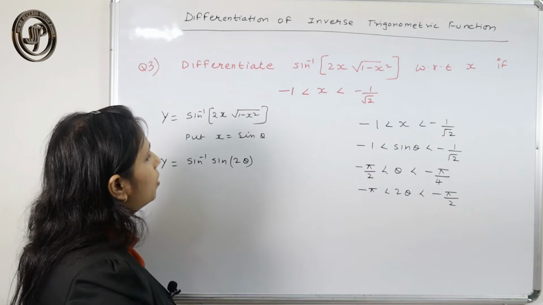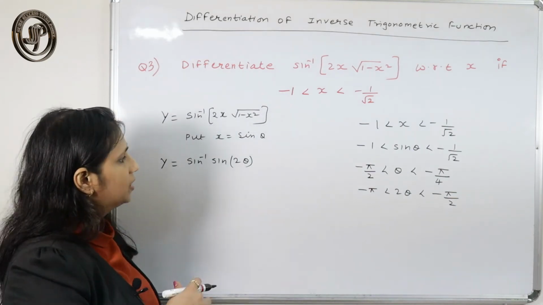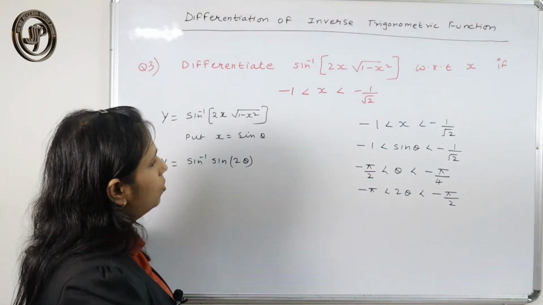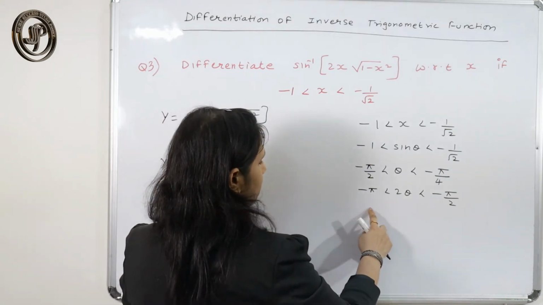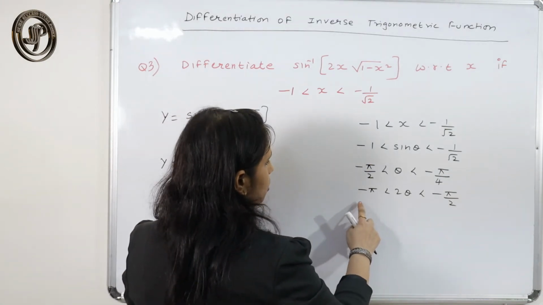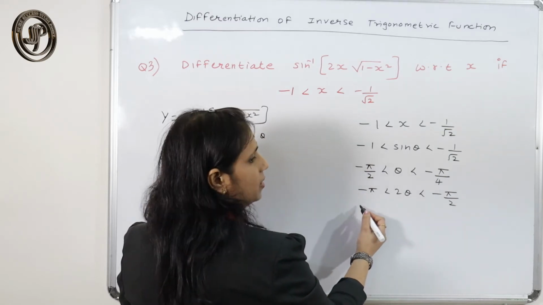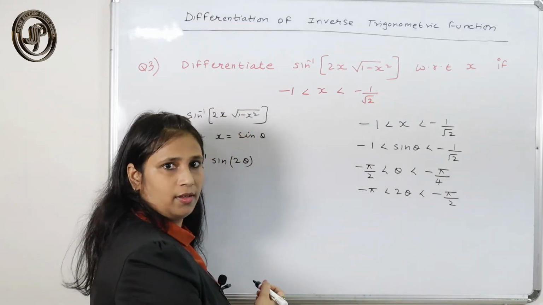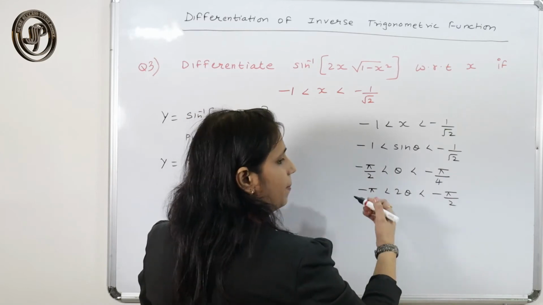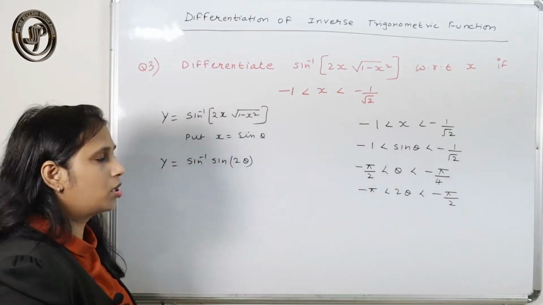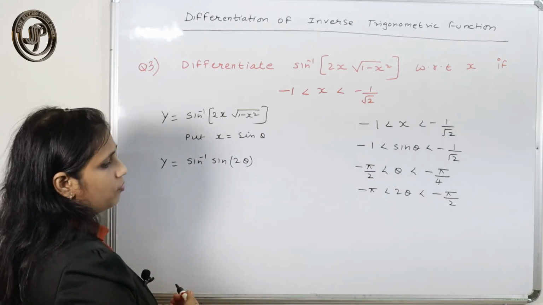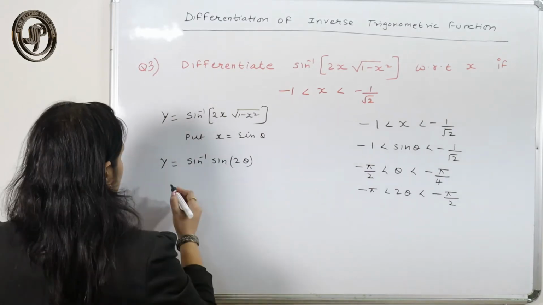But if we replace that, I think that will also not come in our range, because if you apply pi minus with each term, this becomes 2 pi. So that also will not come in our range. So we have to think of something different.